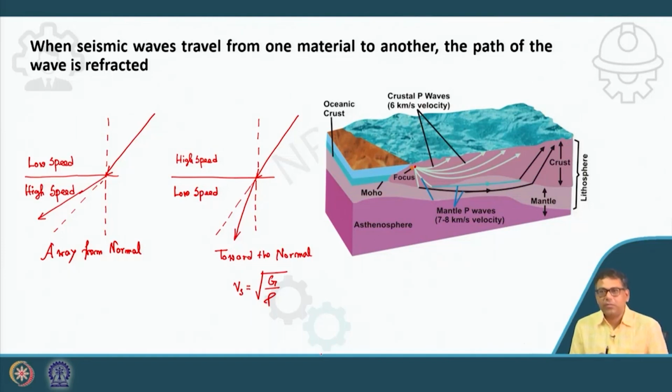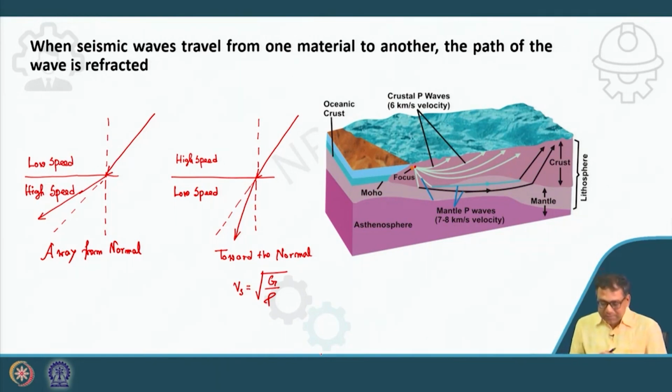The modulus value will not be constant. If the material becomes dense, the shear modulus will also increase. That's why as density increases, velocity increases. This is the common thing we follow. But later I will show you that in the different layers of the earth, this is not followed. These things also depend on some other factors.